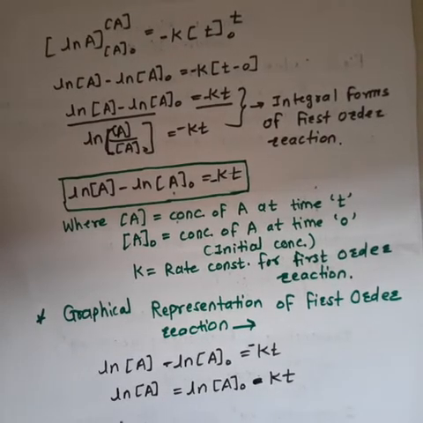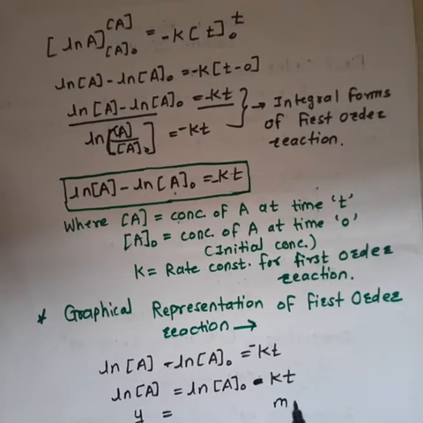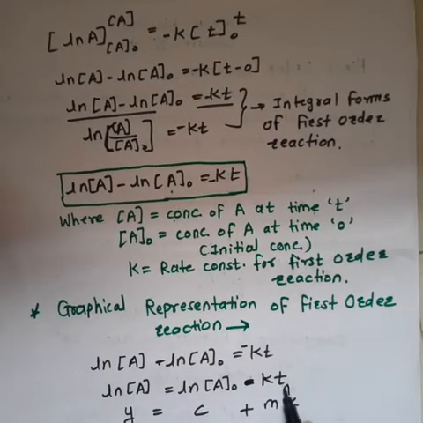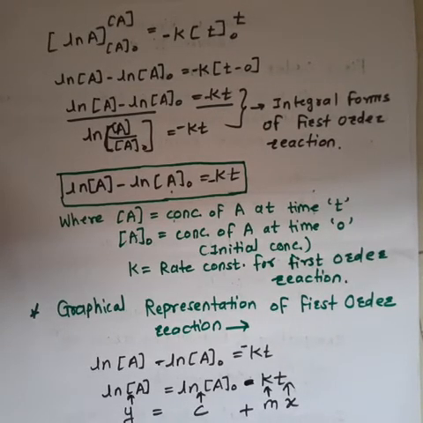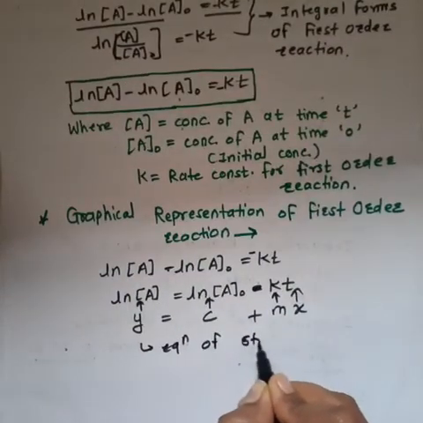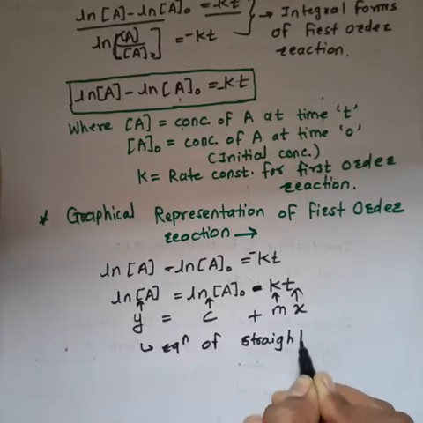So this equation is of the form y is equal to mx plus c. Here is the x, here is the m, here is the c, and here is the y. So y is equal to mx plus c, that is the equation of a straight line.